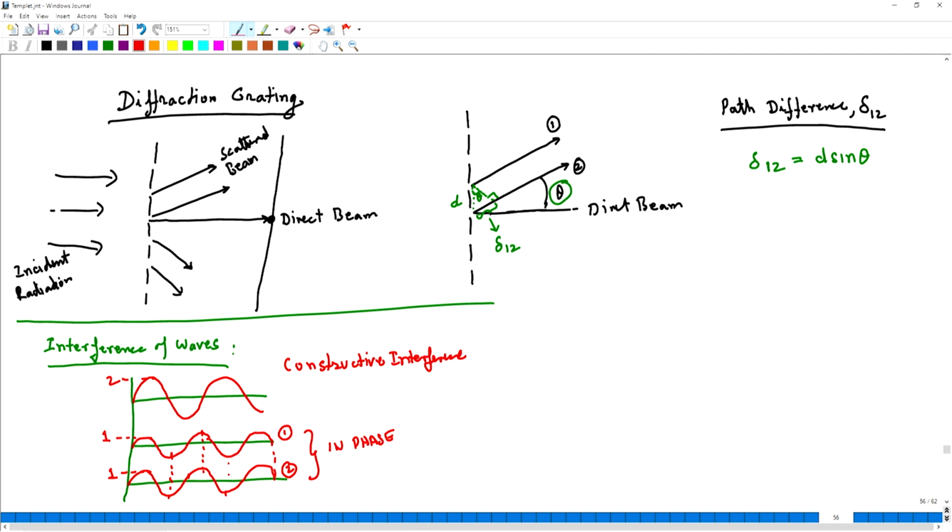Now, consider another situation. Ray 1 has an amplitude of 1, and now consider ray 2.